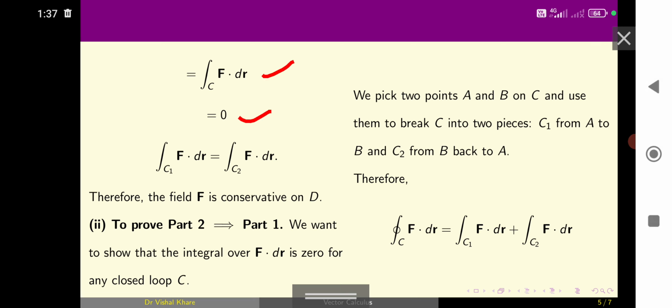So the integral of F dot dr along C1 is equal to the integral of F dot dr along C2. Therefore, the field F is conservative on D.